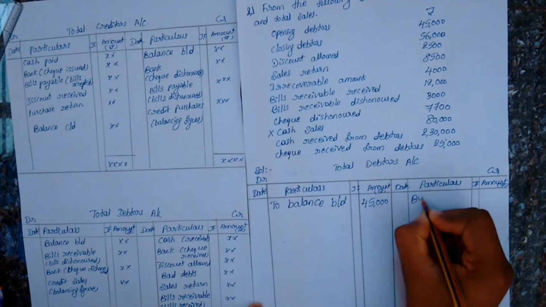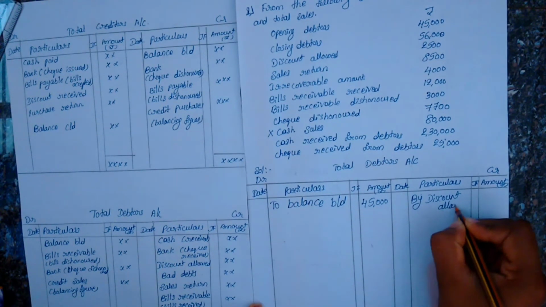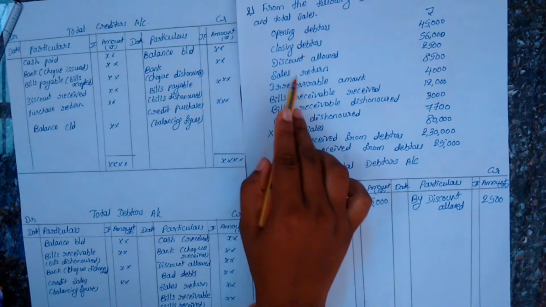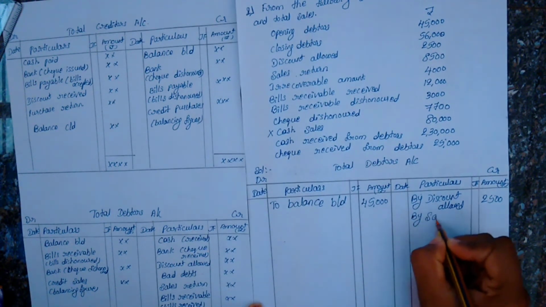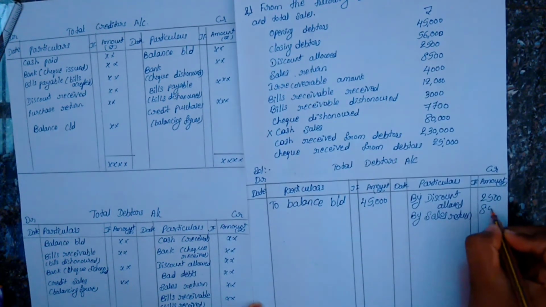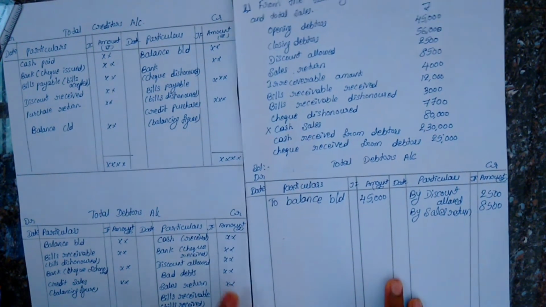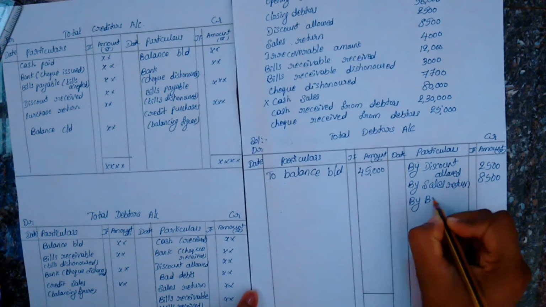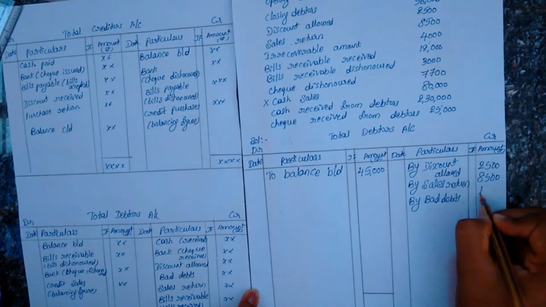By discount allowed, 2,500. Next one is sales return. Sales return also in the credit side. By sales return, amount is 8,500. Irrecoverable amount, as I said, is nothing but bad debts. Therefore, write by bad debts, amount is 4,000.